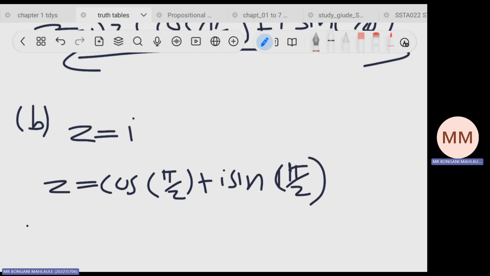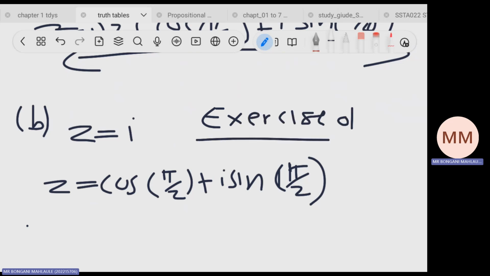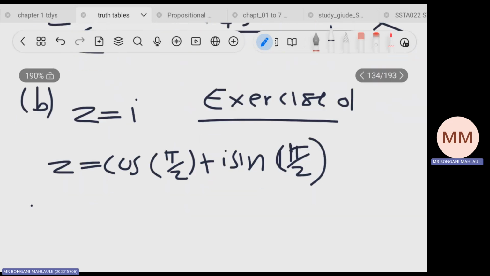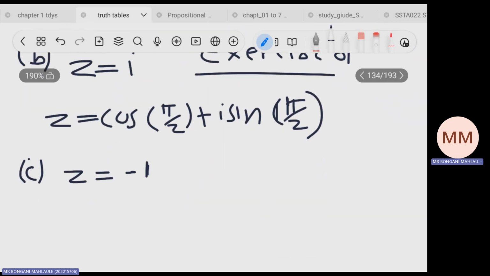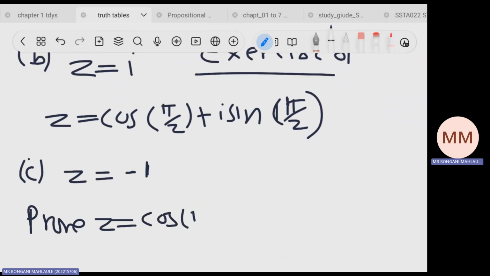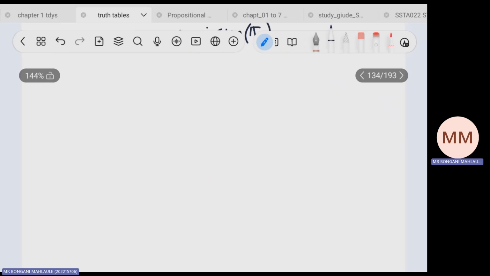So this will be exercise 1. And exercise 2 will be, let us see, if you are given z is equal to -1, I want you guys to prove that z will be cosine of pi plus i sine of pi. Then we also have another 2 properties that you must know.